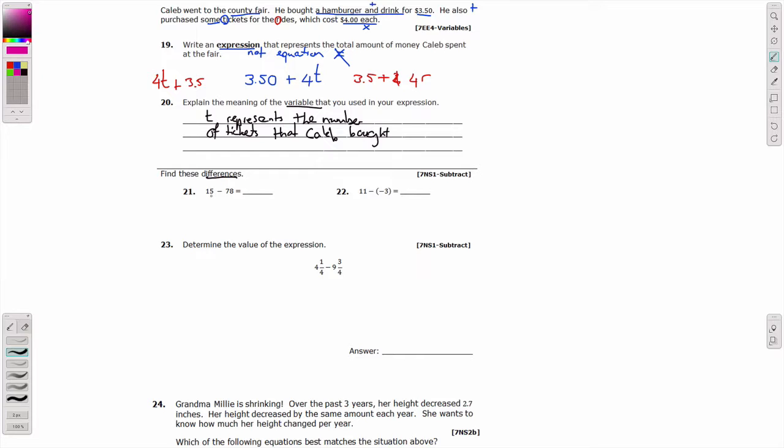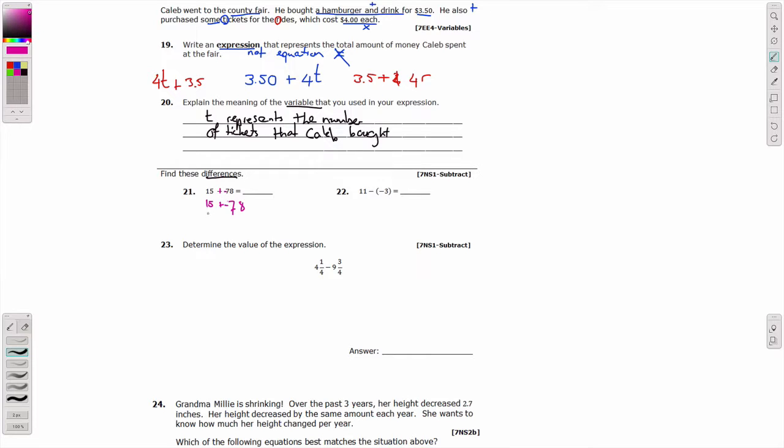So changing 15 minus positive 78, positive 15 minus positive 78, I'm going to change it to positive 15 plus negative 78. Boom, boom. Change two things. Now I have 15 plus negative 78.